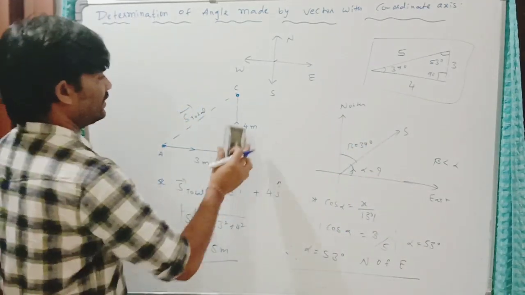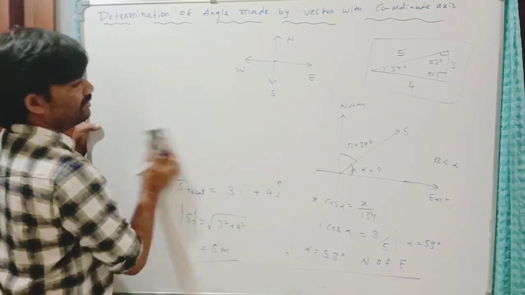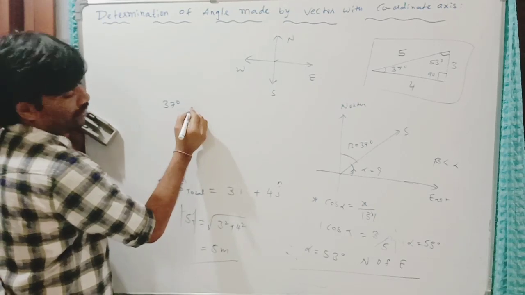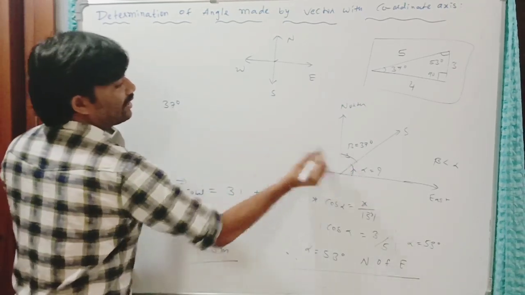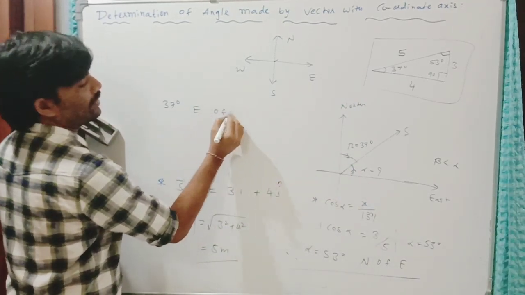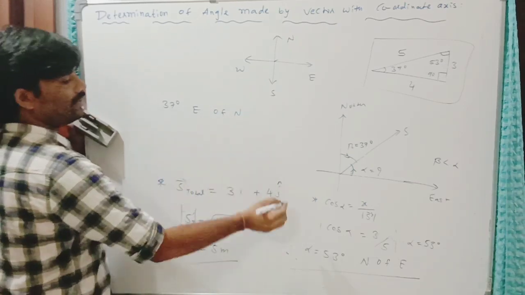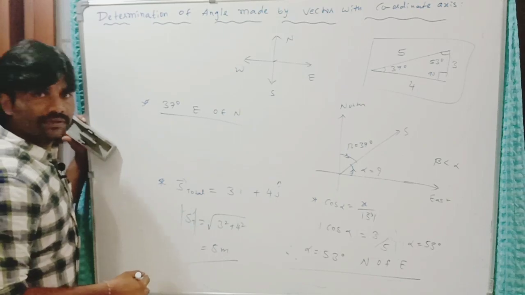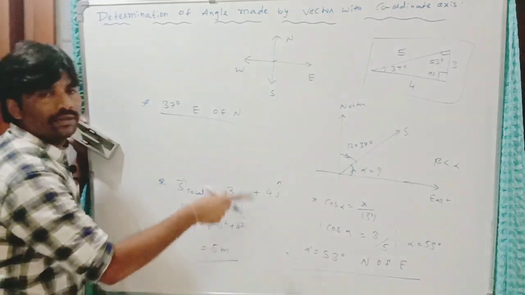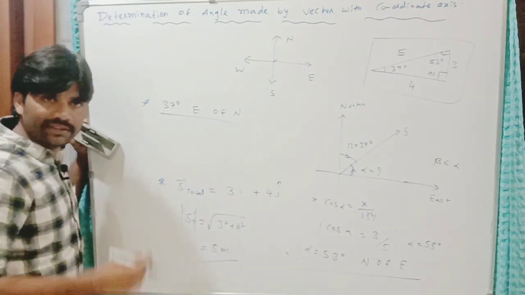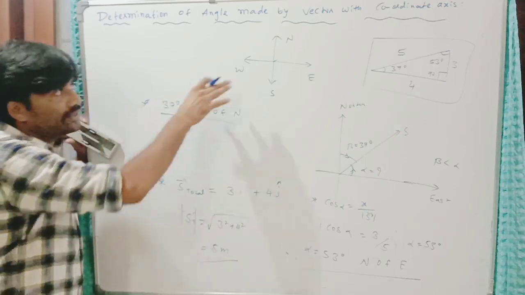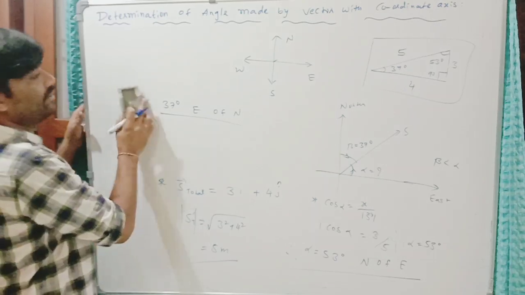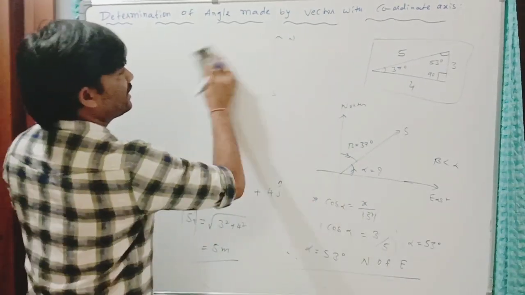Or you can say the same, the direction 37 degrees angle east of north. Clear? Towards east from north. So that is the way how the direction of a vector is represented in terms of these geographical directions north, south, east, west, right? So another, let us see another example.